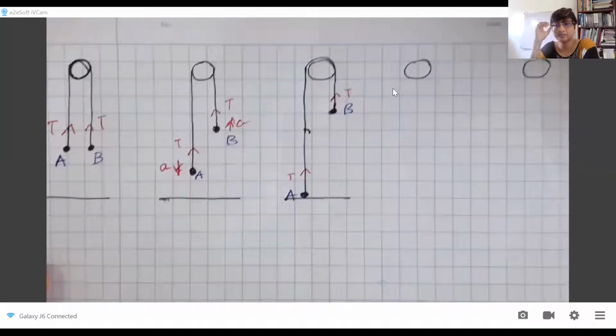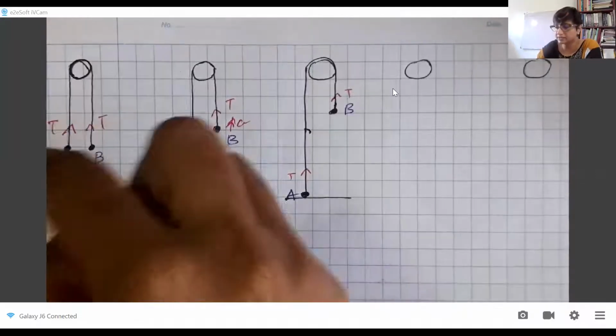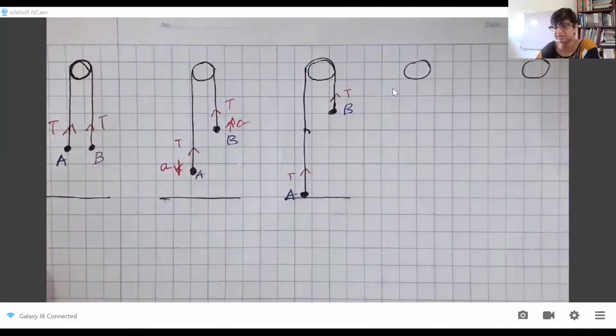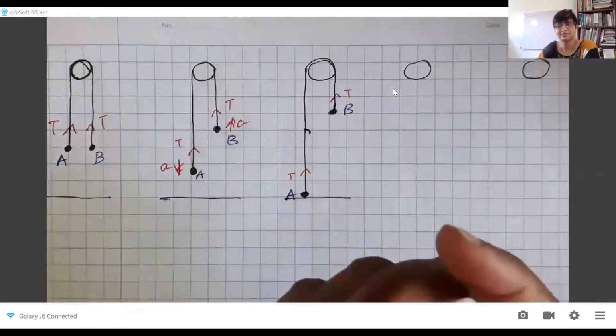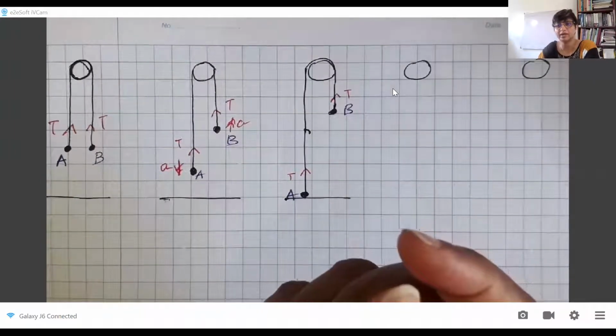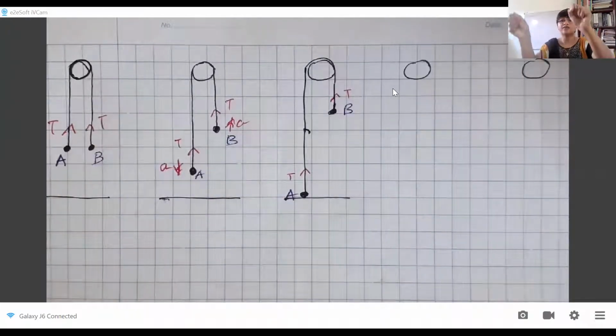So how can I go down again? The string is inextensible. The length of this string is the same. Like if it is 5 meters long, it's 5 meters long everywhere. What do you mean, how can it go down? Oh, it's going over the pulley.